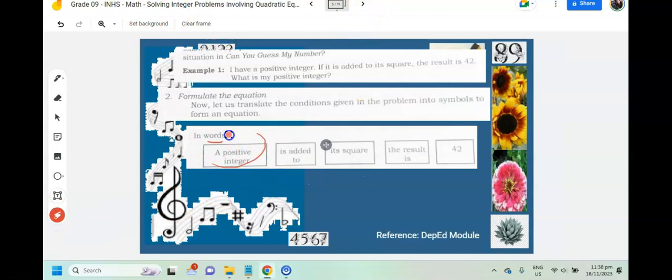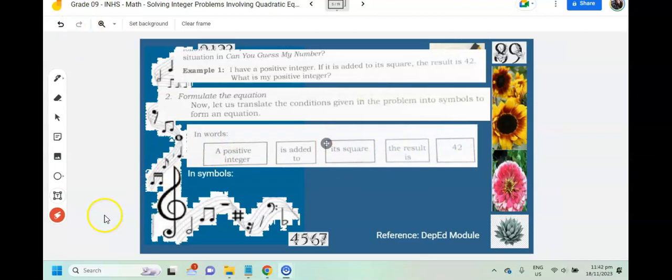Karon, let's write in words ang given ug ang condition sa problem. So we say and write, a positive integer is added to its square. The result is 42. Karon, let's translate each phrase into its algebraic symbols. Again, ang positive integer atong gi-represent with the variable x.